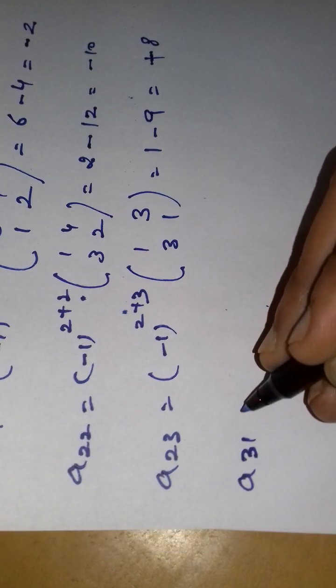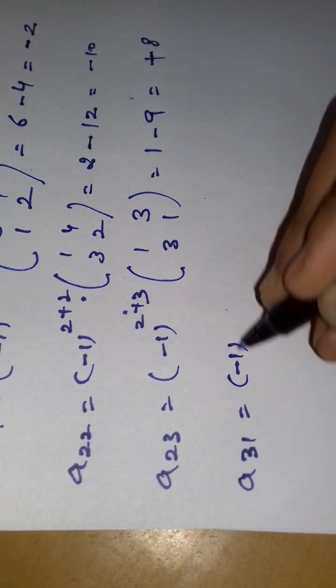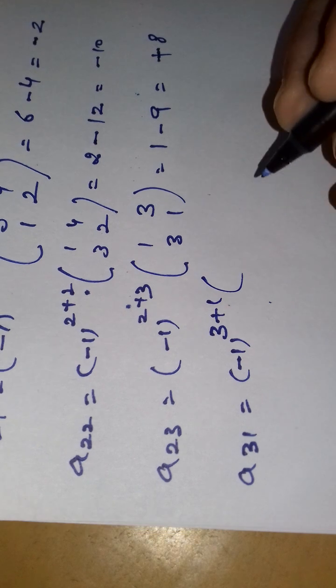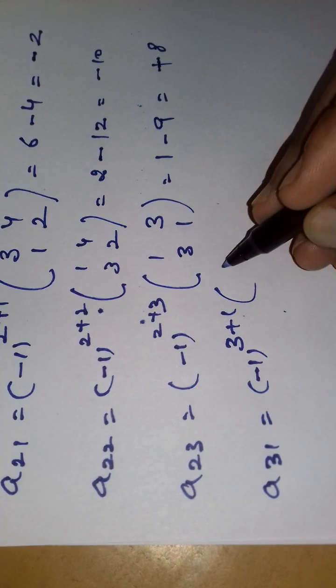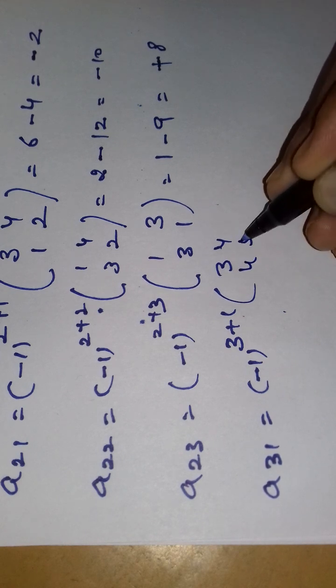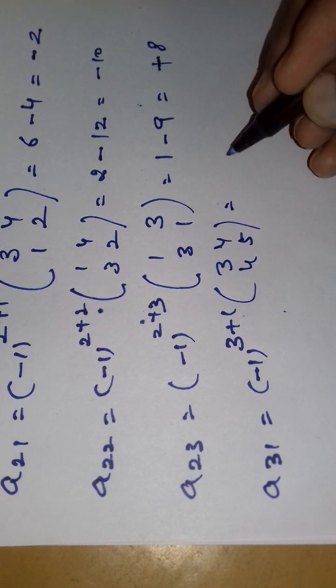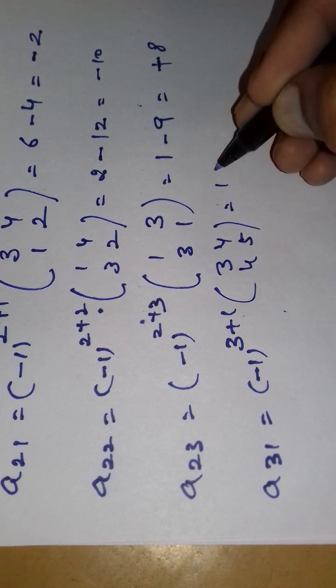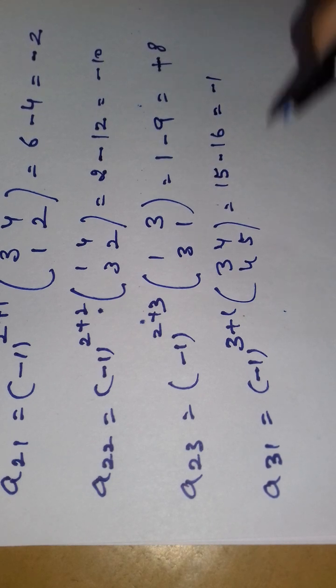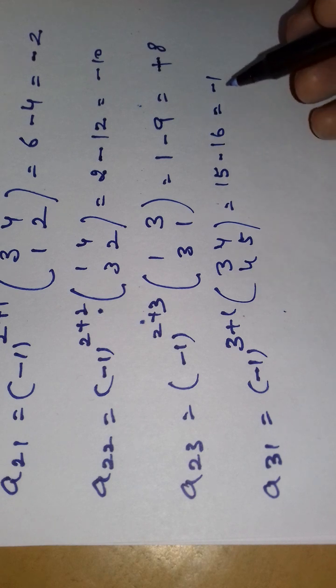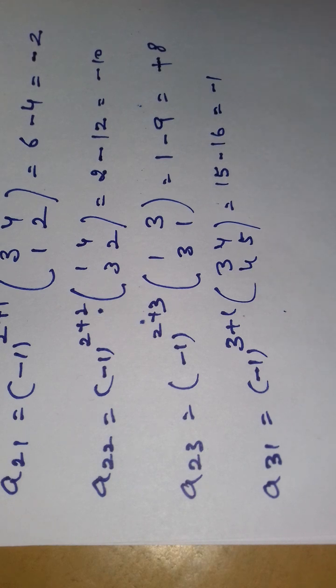Next one is A31, third row first column, 3 plus 1. The submatrix is 3 4 4 5, and let's cross multiply, which gives minus 1. It's 3 plus 1, so the sign is plus, and it will be minus 1.